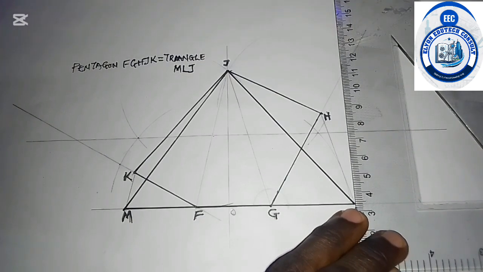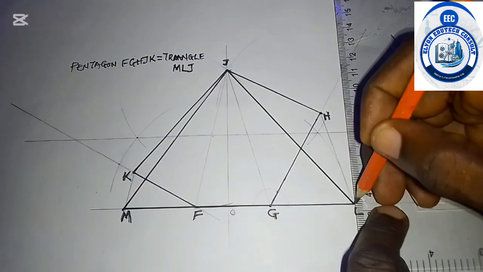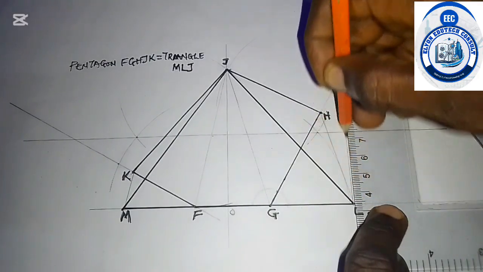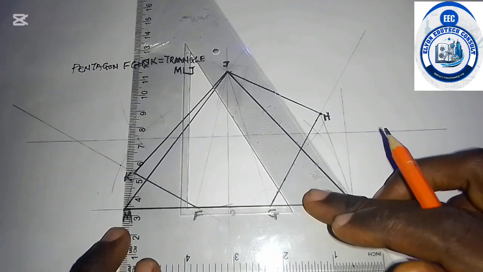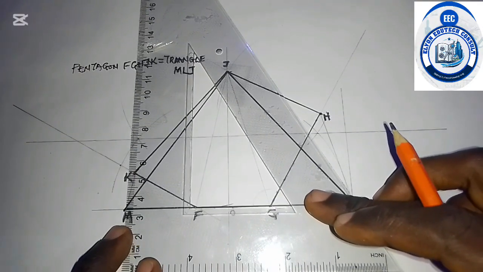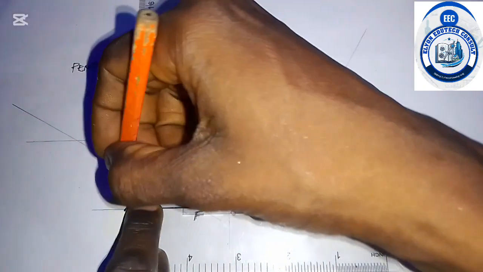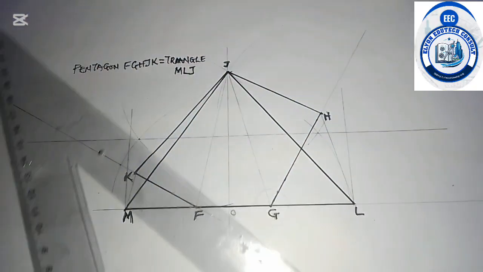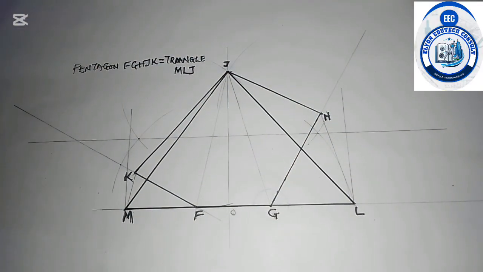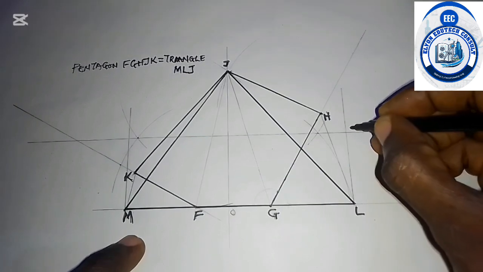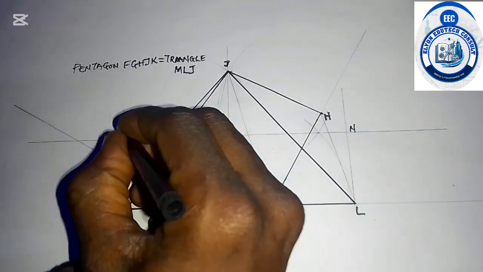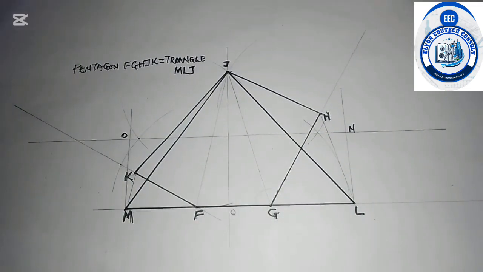I will produce this line up, then come to this other side at M. So erect a vertical line up. Now take note, we can call this point of intersection N, so LMN, then you can actually use any letter of your choice.